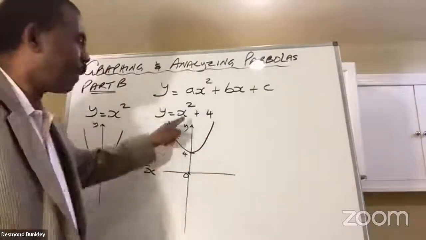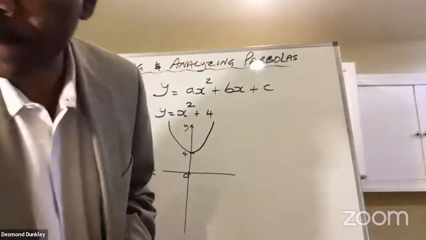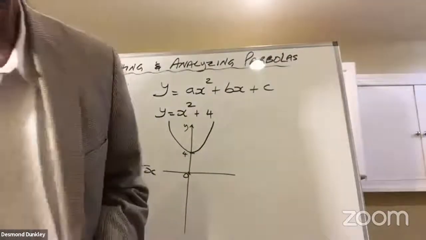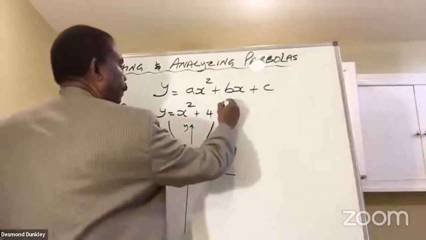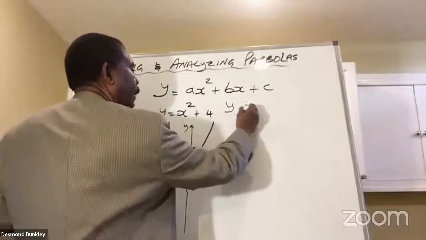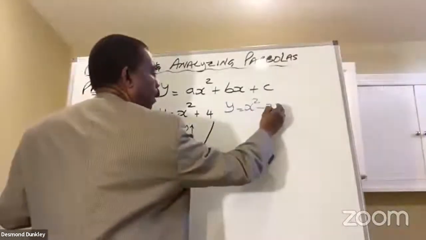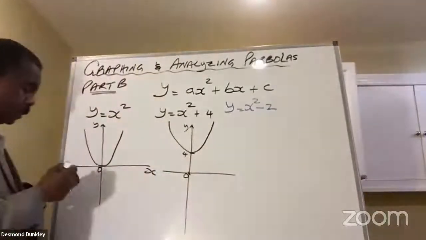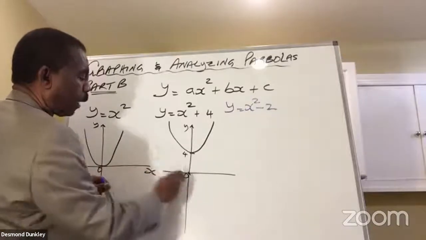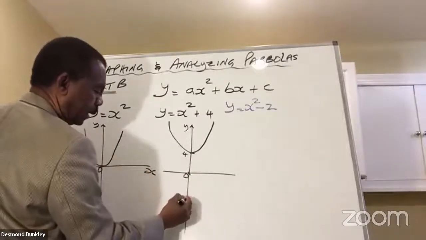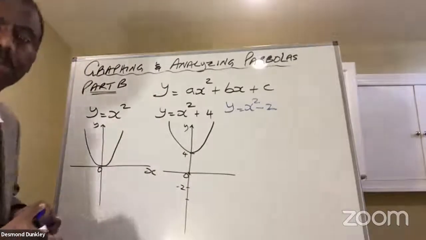Conversely, instead of having a positive 4, if we had, for example, a negative number, like suppose we had y equal to x squared minus 2, then what that will do is cause the graph, instead of going up 4 units, to go down and start at negative 2.